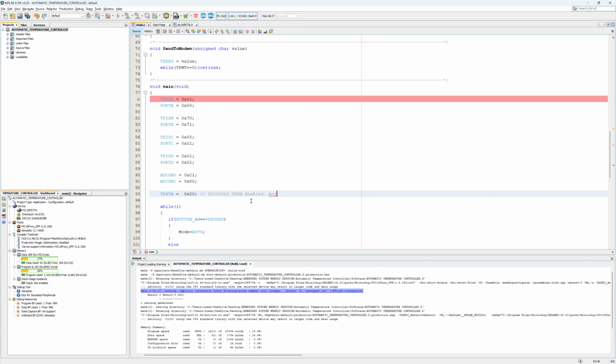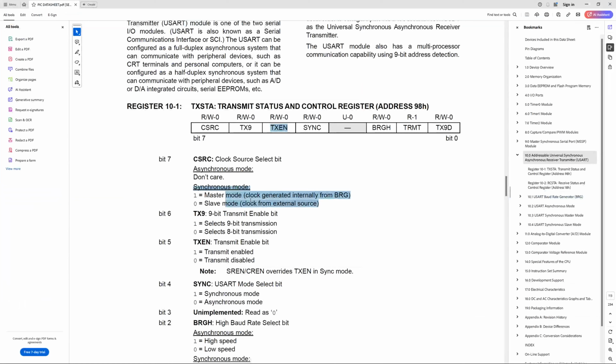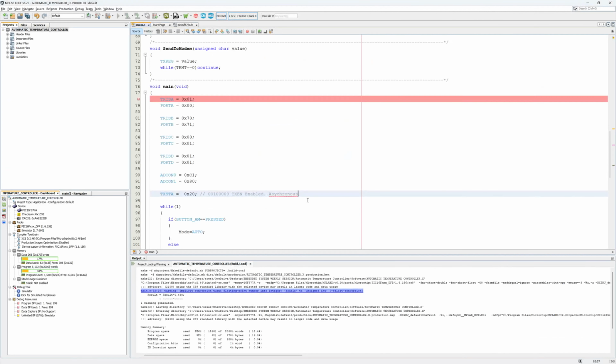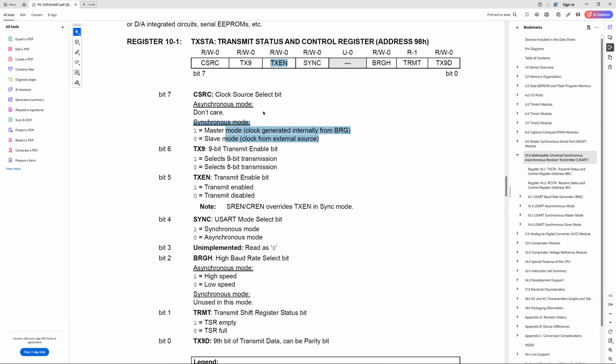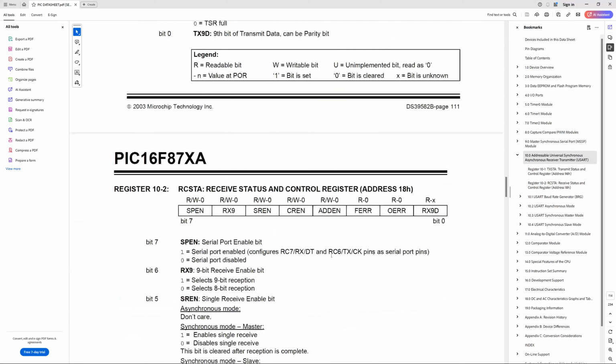Asynchronous. Asynchronous and 8-bit communication. Now we need to configure one more register called RCSTA.